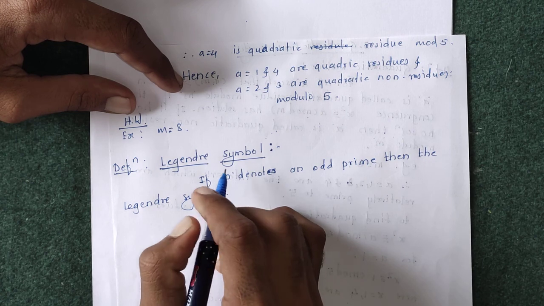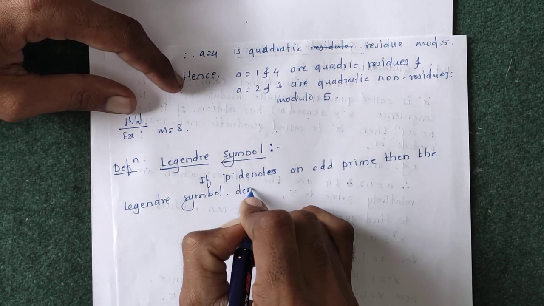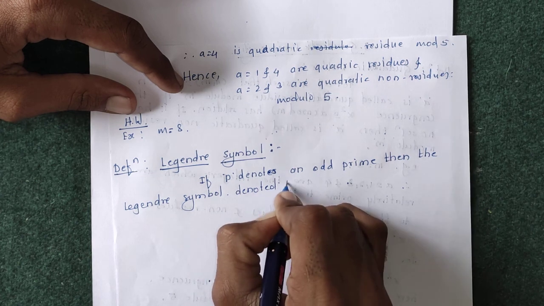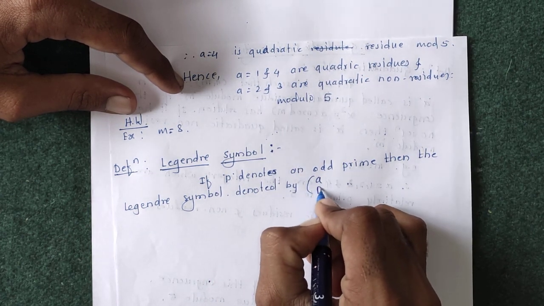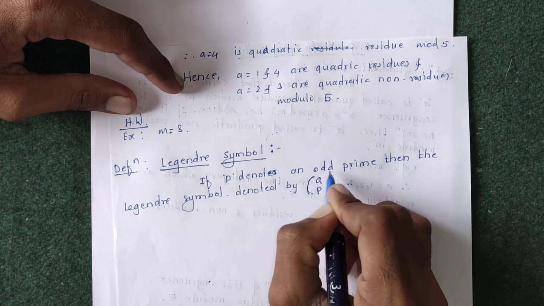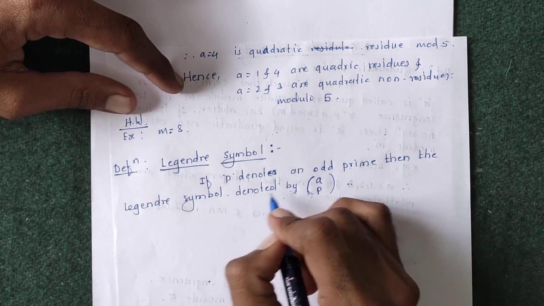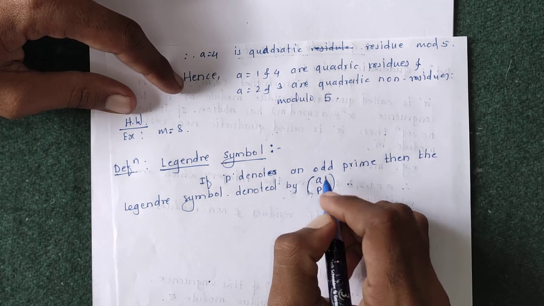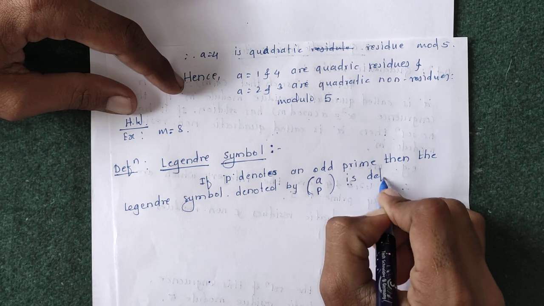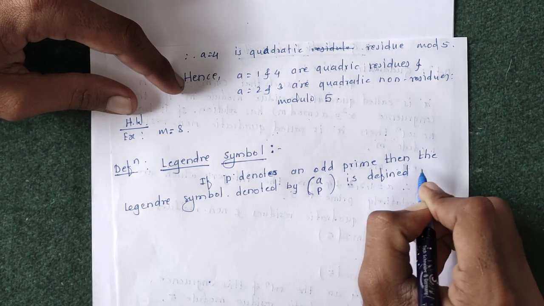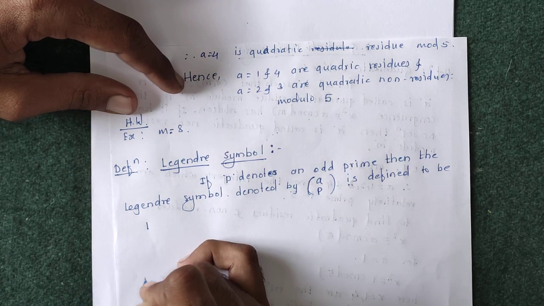which is denoted by the Legendre symbol of a and p, in round brackets, write a and after that p, is defined to be 1, minus 1 and 0.